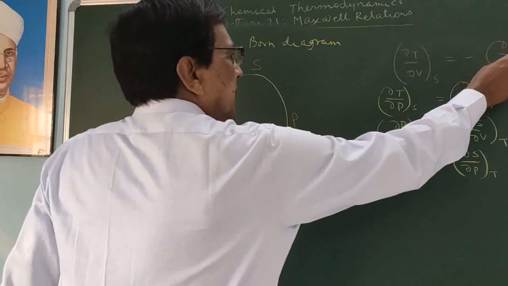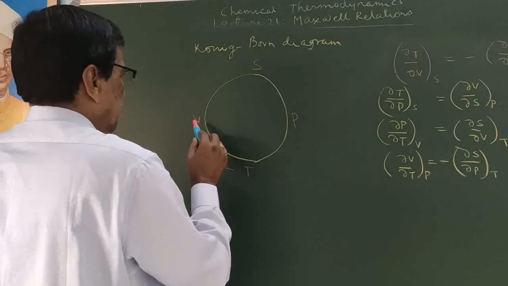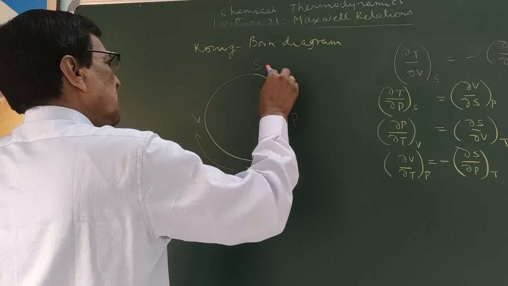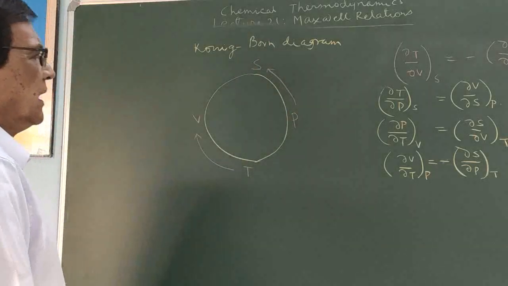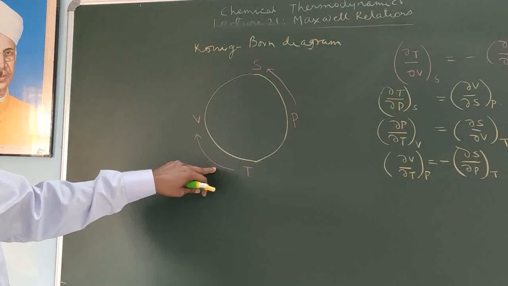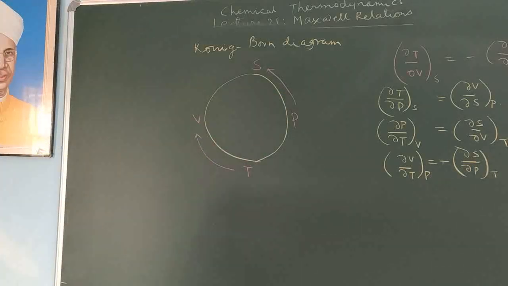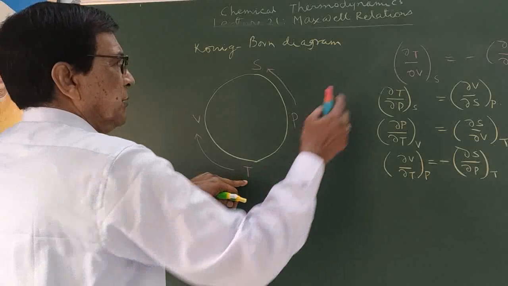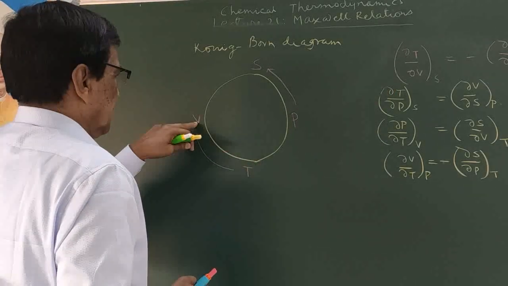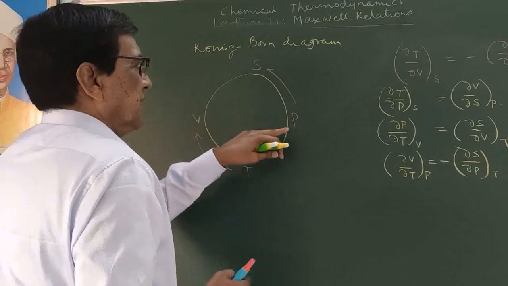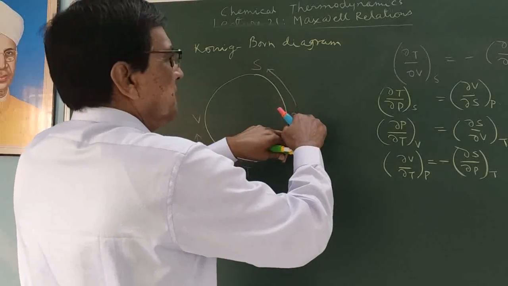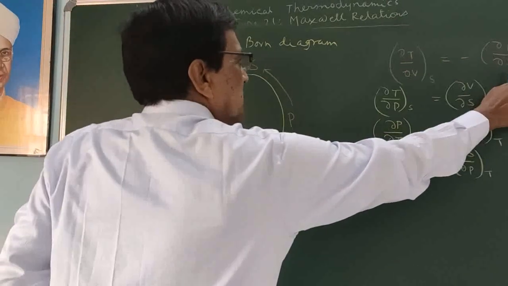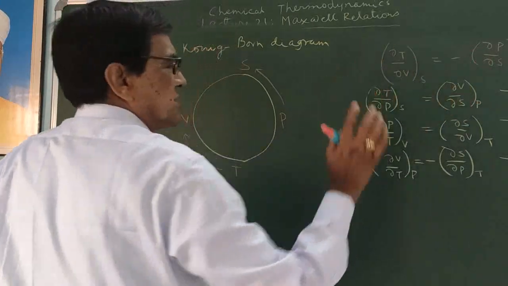So T to V, and in this case the arrow is anti-clockwise, to P and S. Then it is del T by del V, numerator T, denominator V, and here del P by del S. Here V is constant, here S is constant.